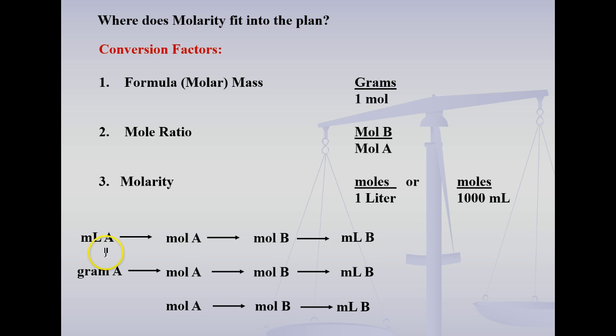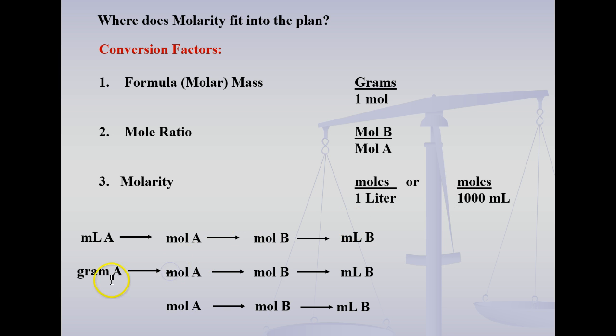Let's say that we have milliliters of A. Well, if you have milliliters of A, what's the only thing with these 3 conversion factors you can convert to? Yes, I'm playing Dora. You can convert to moles. So we can take milliliters of A to moles of A, and then from there you go from moles of A to moles of B. But if you know the molarity of B, you can take moles of B and convert it to milliliters of B, using the molarity.